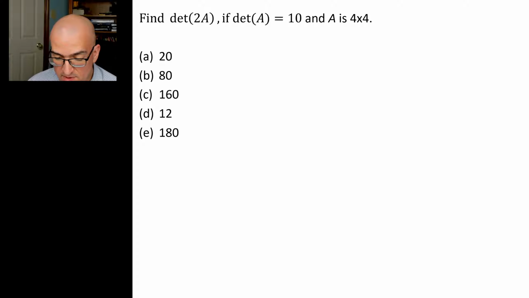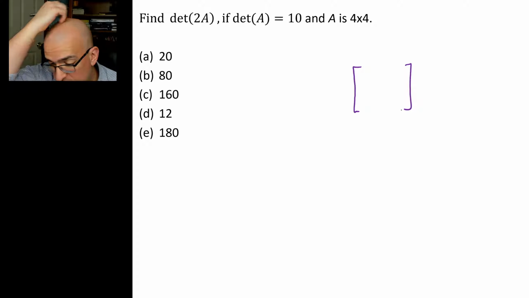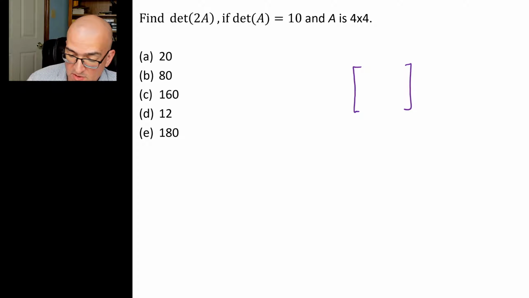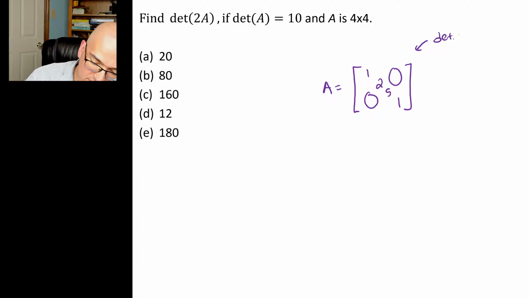Okay, another example, if it says find the determinant of 2A if the determinant of A is equal to 10 and A is 4 by 4. So I'm just going to make up a matrix. For the sake of argument, we could put determinant of A is 10. We could put something like this, 1, 2, 5, 1, and all of the other entries are zeros. We could make it a diagonal matrix.